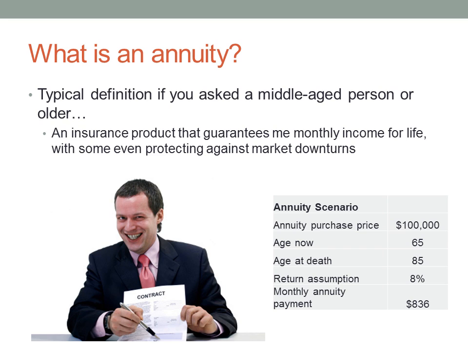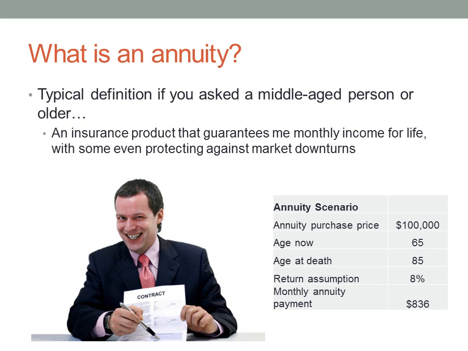Sometimes they can do monthly payments, but like the example here is you buy the annuity contract for $100,000, and at an 8%, they assume an 8% return on your money and pay you $836 over the rest of your life for 20 years, assuming you live 20 years, and they guarantee it for your lifetime.